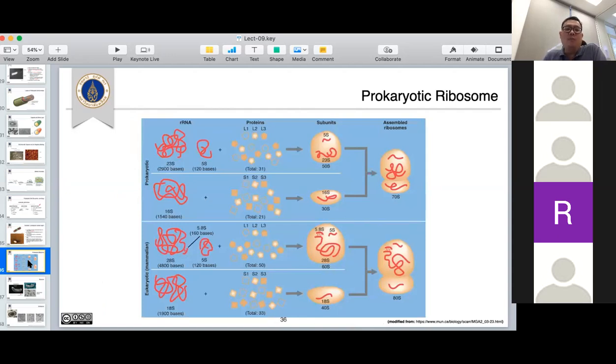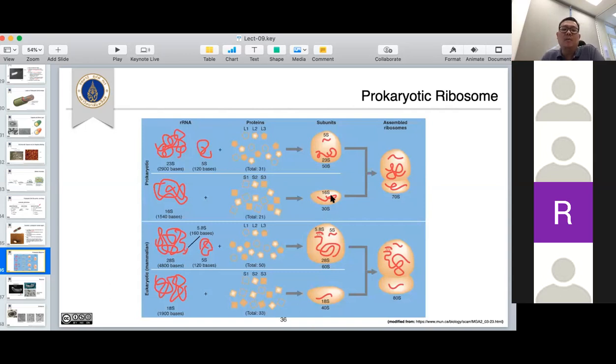For ribosomes, prokaryotic ribosomes are different from eukaryotic ones, of course. The size is smaller. The ribosome of prokaryotes contains 50S as the large subunit and 30S as the small subunit. The small subunit comprises the 16S rRNA. S is the Svedberg unit.